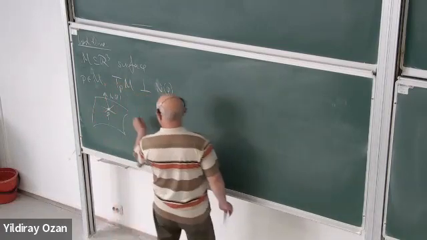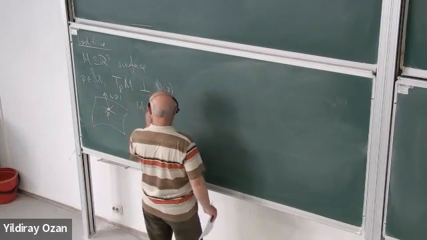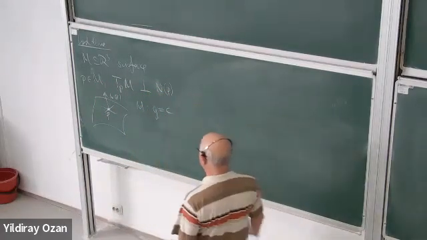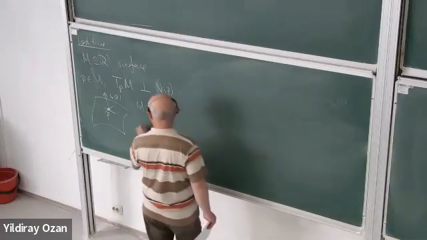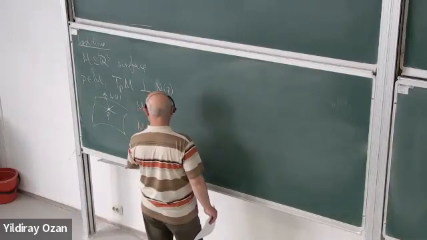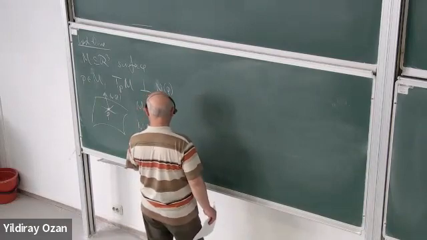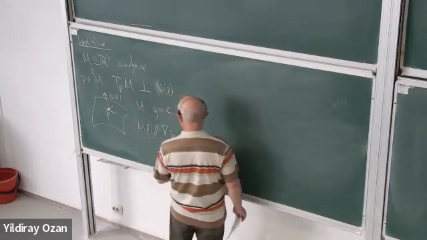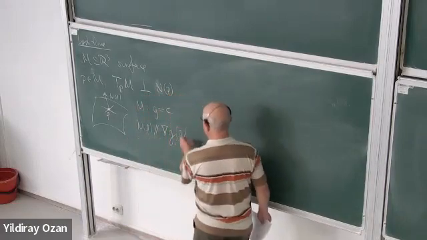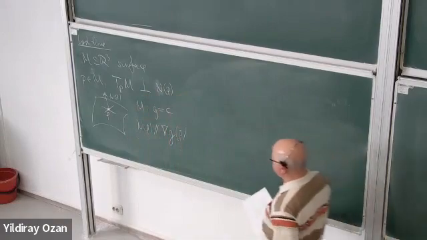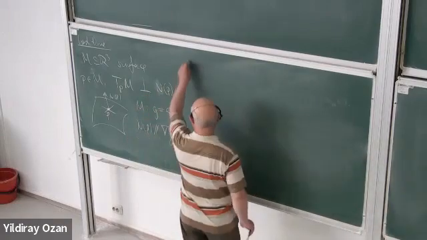And in case your surface is obtained by an equation like this, then the normal vector can be chosen as parallel to the gradient of G at the point P. So that's the lemma we proved last time.